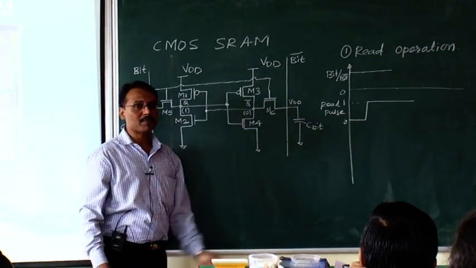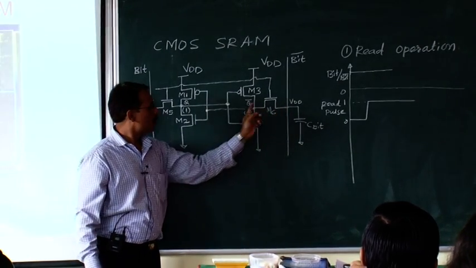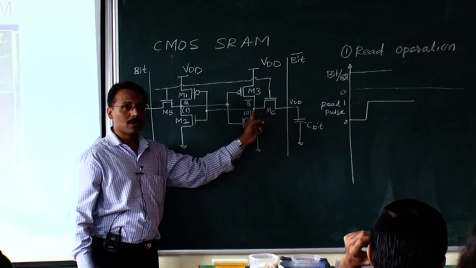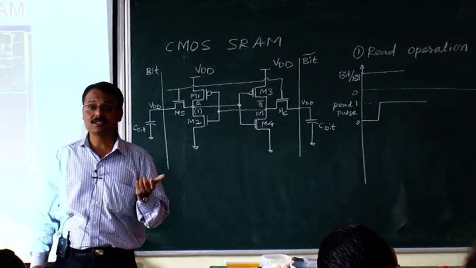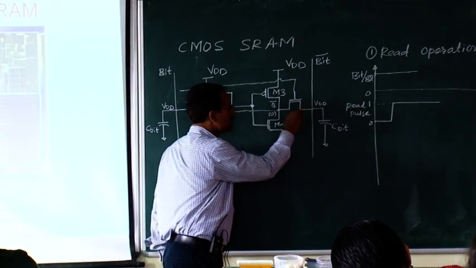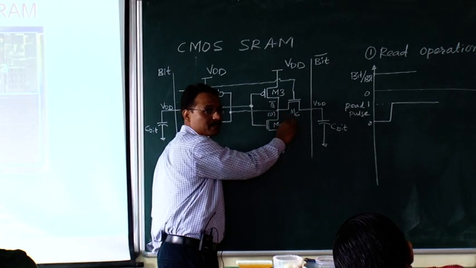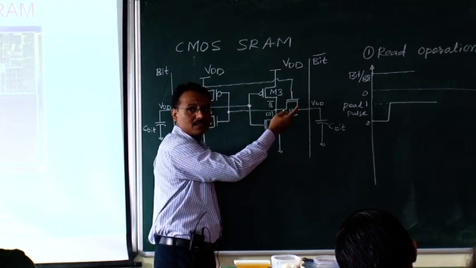Yes. But what happens to the other side? That is bit bar. What happens to it? Voltage at this node is VDD, voltage at this node is logic 0, and read pulse is applied, means M6 turns on. So M6 turns on, then what happens? This terminal becomes drain, this terminal becomes source of M6, transistor enters into saturation region, yes or no?